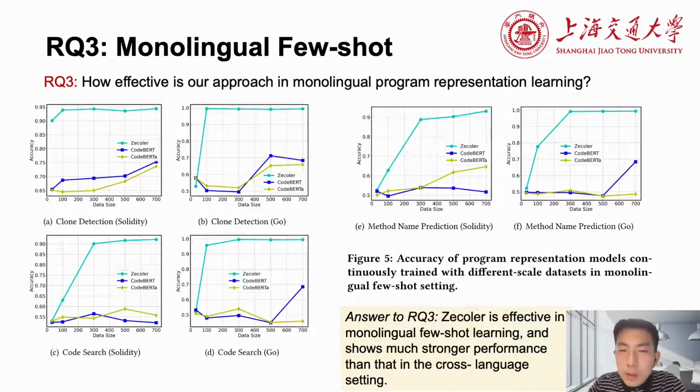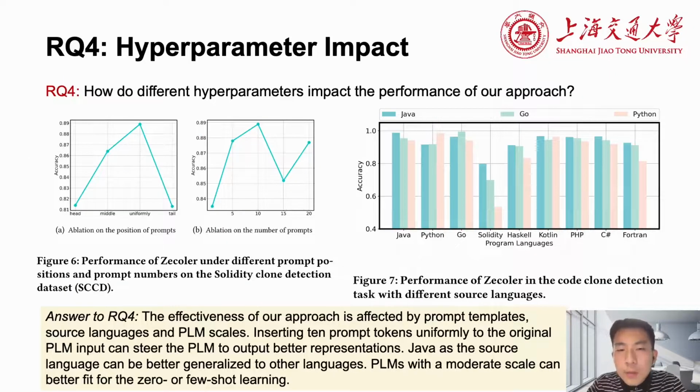In RQ3, we have also observed that Zcaller is effective in the monolingual few-shot setting and shows much stronger performance than that in the cross-language setting. The results of our RQ4 experiment indicate that the effectiveness of our approach is affected by prompt templates, resource languages, and PLM scales.